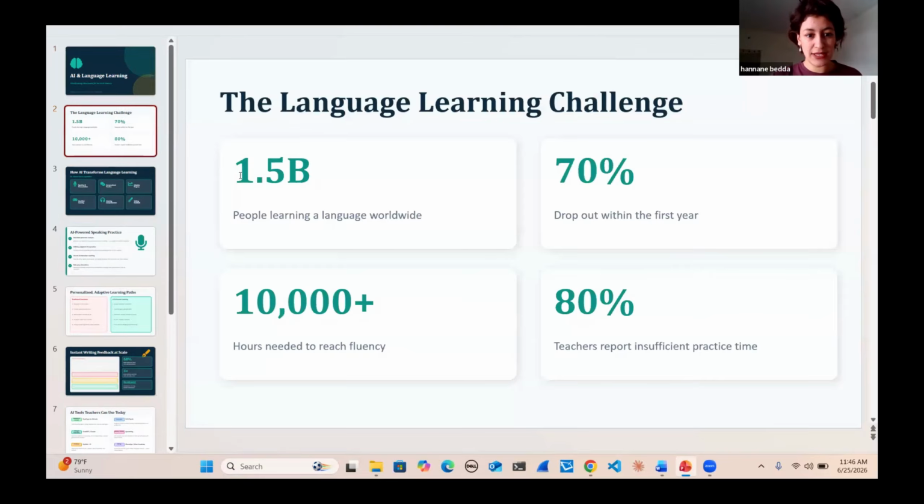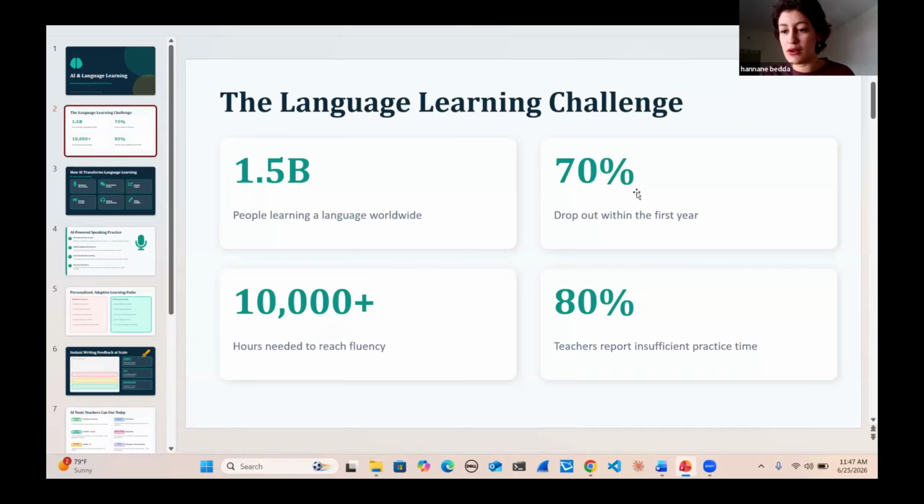As you can see here is the language challenge. We have around 1.5 billion people learning worldwide, and we need 10,000 hours or more to master a language or at least be fluent in it. However, 70% of people drop out.